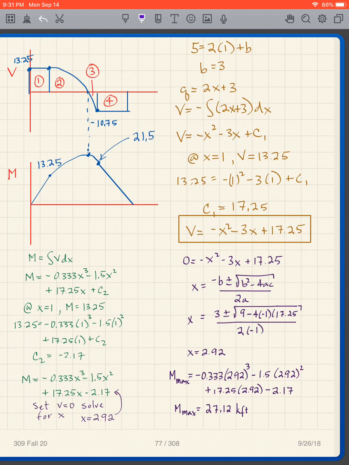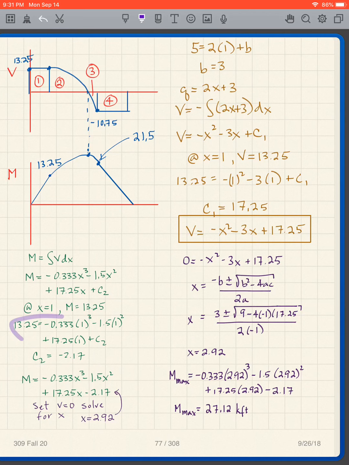I then am going to integrate that to get my M. M is going to be that. I have to tack on the c2 at the end. You can all integrate a polynomial, so it's no problem. And now I'm going to look at this point, which is x equals 1, M equals 13.25.